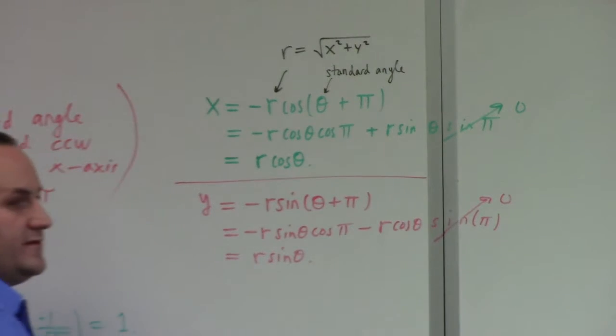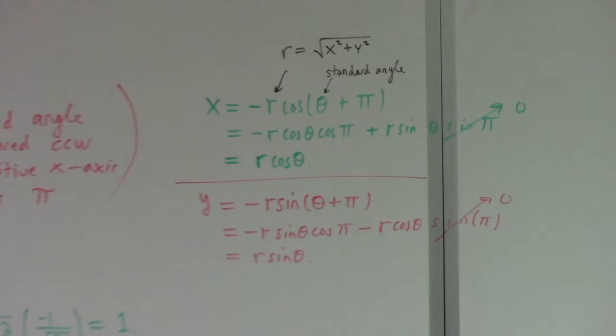Standard angle is measured counterclockwise from the positive x-axis. It's true. All right, anyway, so if you do that, then adding angles formula gets you to here, but sine of pi is 0, and you get minus times 1 times minus 1, gets you back to r cosine theta.